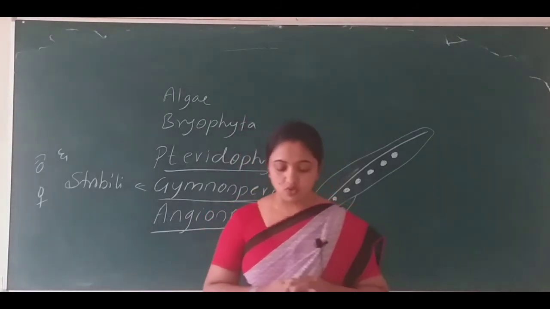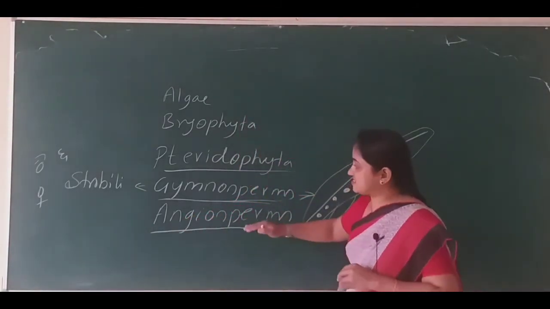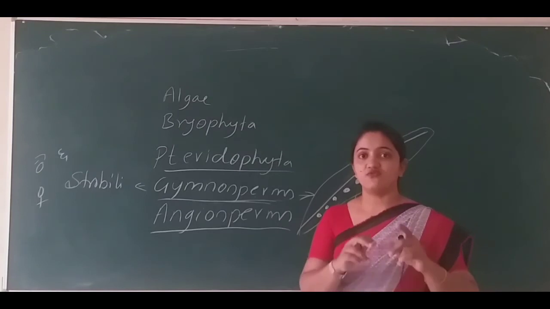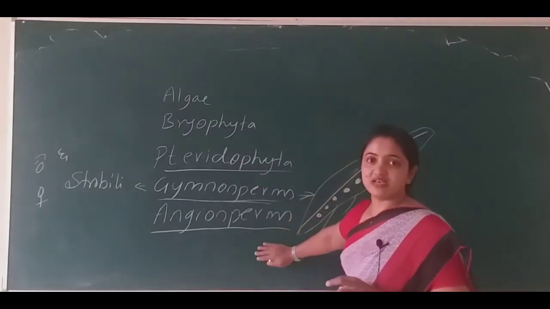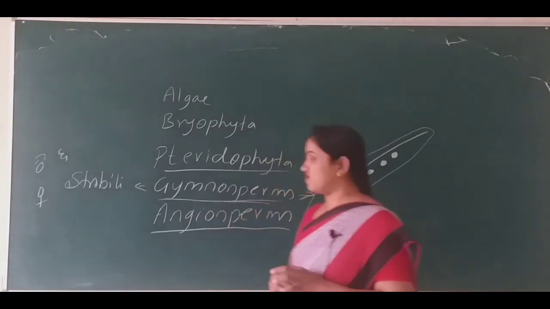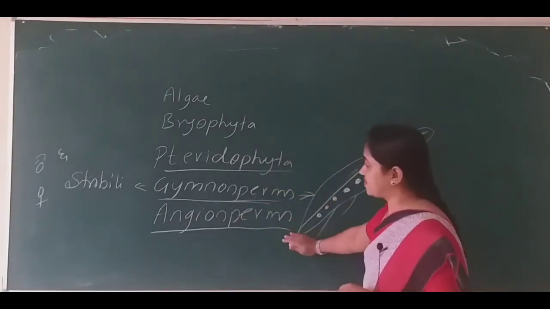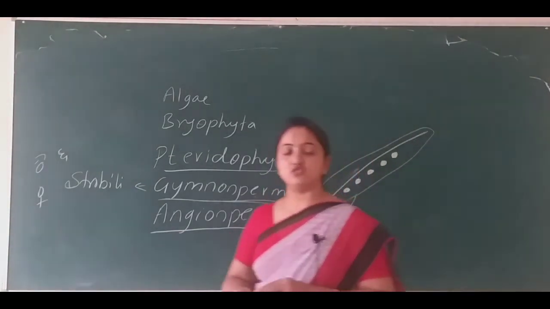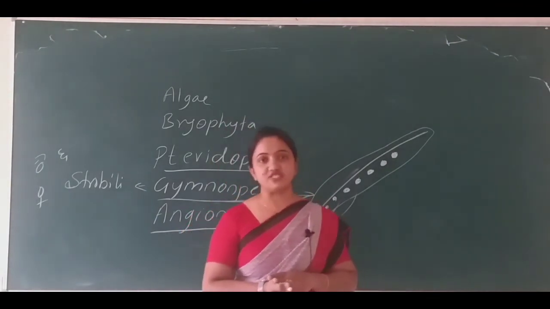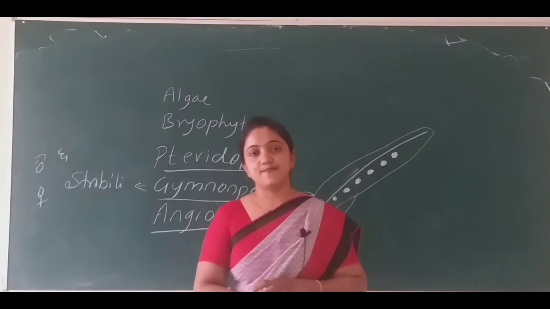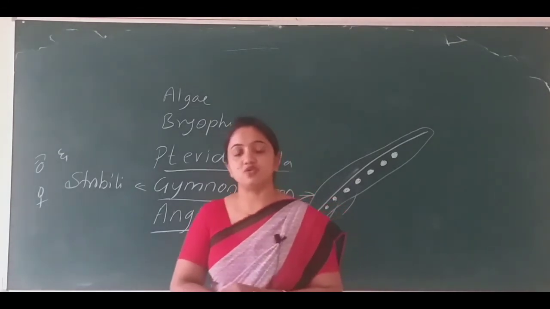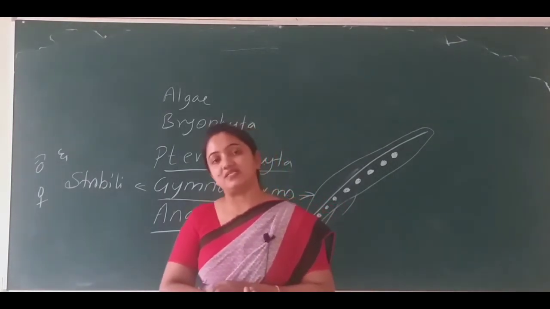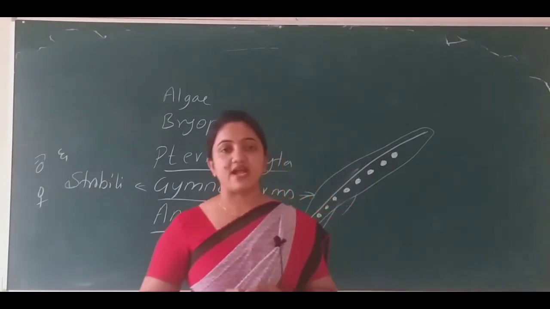So like that, if we start talking about angiosperms, we cannot finish our topic in one day or two days. It has vast concepts. And one more thing to tell: if we talk about the uses of angiosperms, species of angiosperms are used as food, species used as fuel, and species used as fodder for cattle.